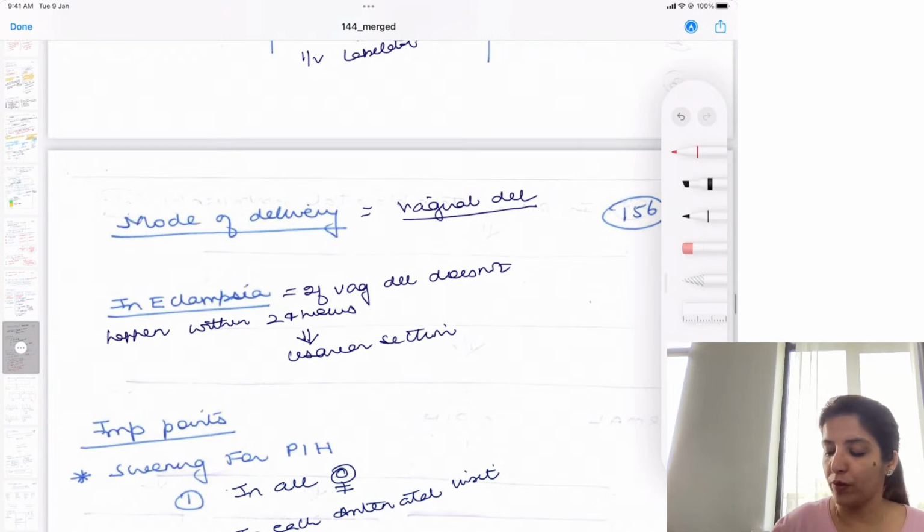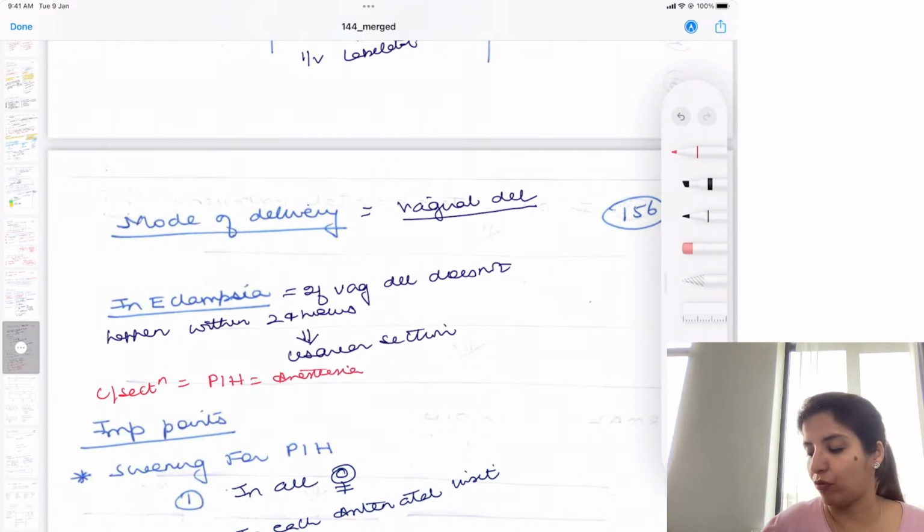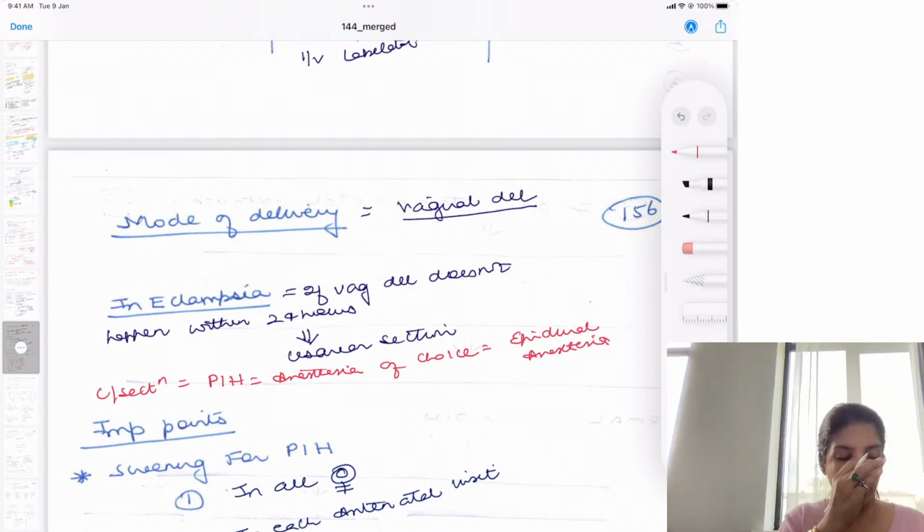Now, when you are doing cesarean section in a patient of PIH, what is the anesthesia of choice? The anesthesia of choice is epidural anesthesia, right?